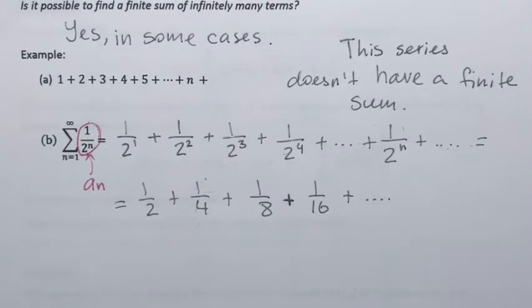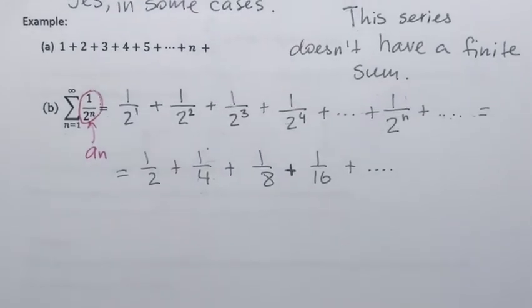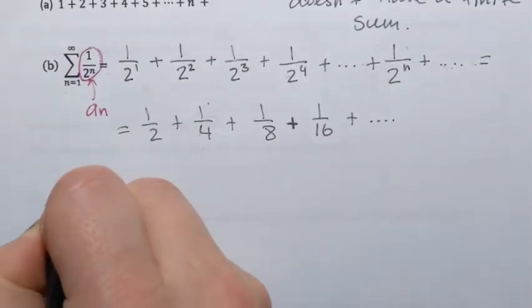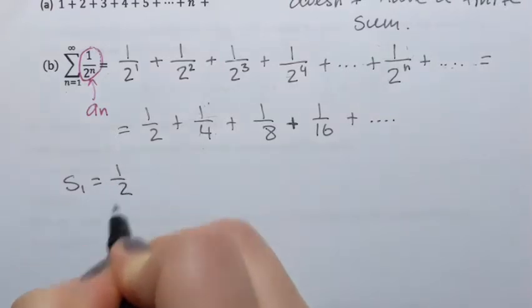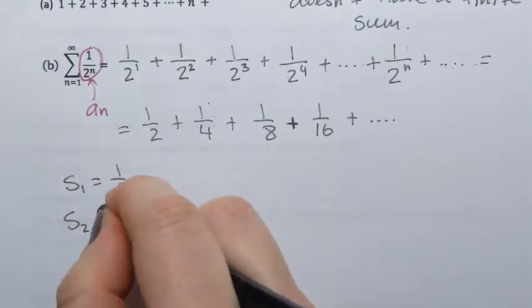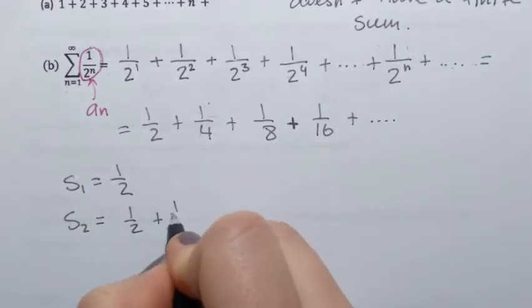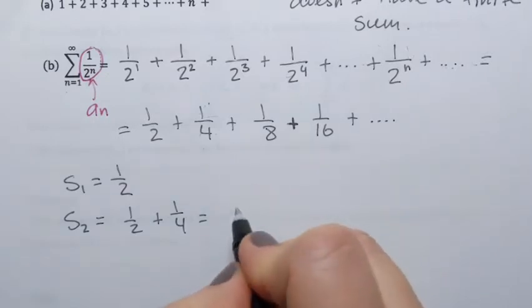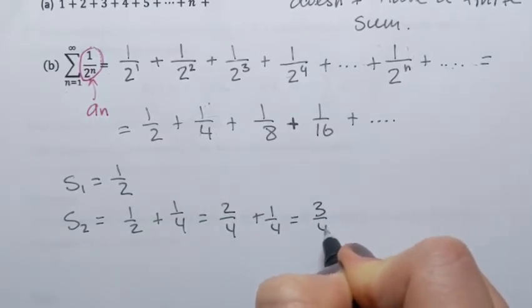But to analyze if this series equals a finite number, we want to look at the partial sums. So the first partial sum is just the first term, so it's 1/2. The second partial sum is the sum of the first and second, 1/2 plus 1 over 4. So that's the same as 2 over 4 plus 1 over 4, that's 3 over 4, right?